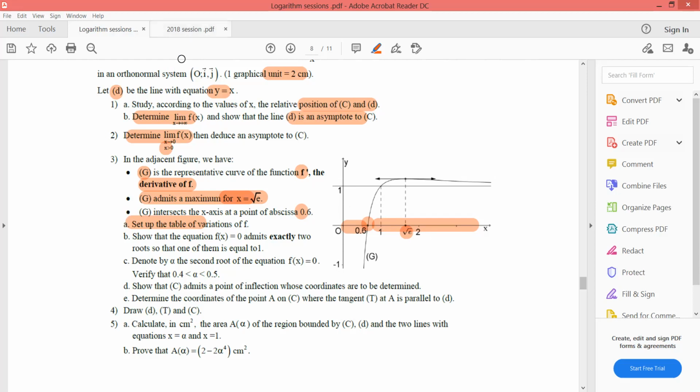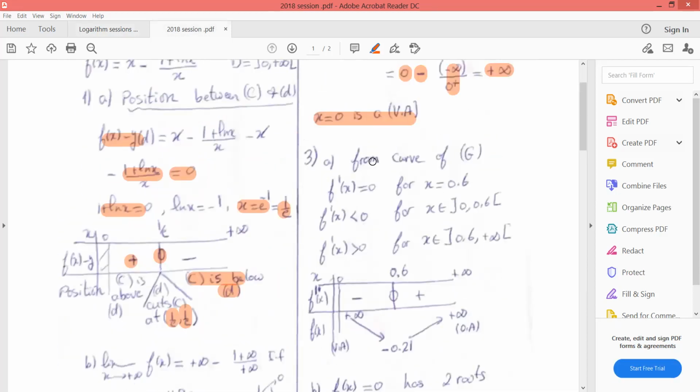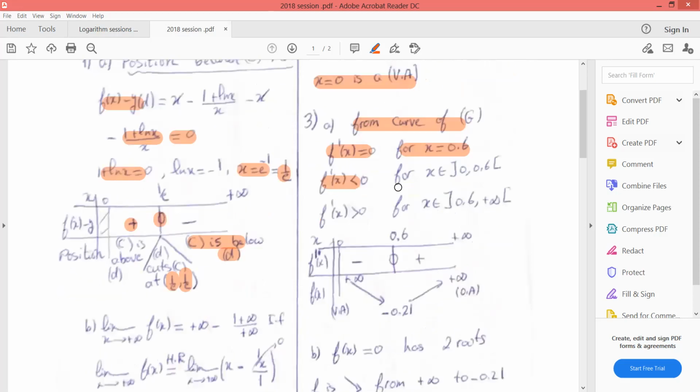So we do the following. From the curve G of the function f prime, f prime of x equals 0 for x equals 0.6 graphically. f prime of x is negative, G is below the x-axis, when x belongs to (0, 0.6), and f prime of x is positive if x belongs to (0.6, plus infinity).